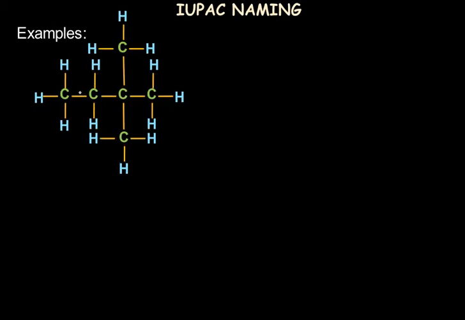Now here is another example. Look for the longest chain and name it. So let's see, if we go straight, we have 4 carbon atoms. If we go this way, then too we have 4 carbon atoms, and if we go this other way, the continuous longest chain also has 4 carbon atoms.